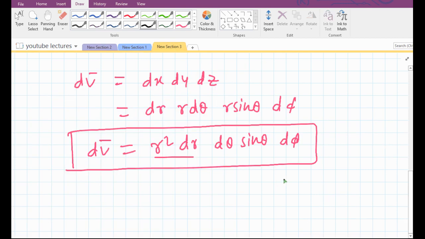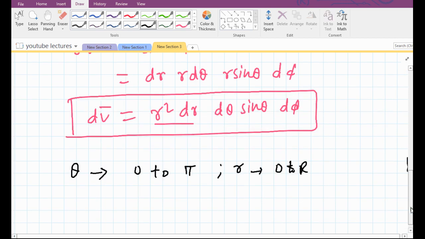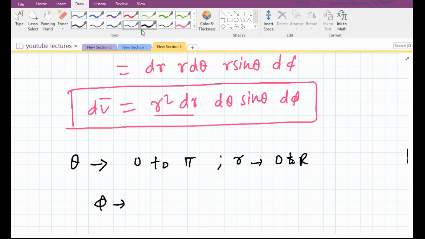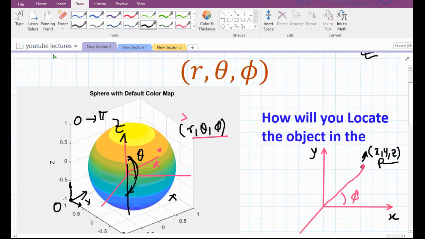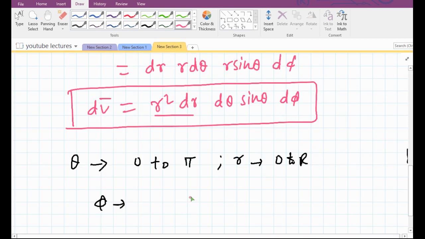So always remember that whenever you work in the spherical coordinate system, the theta limit will be 0 to pi, the r limit will be 0 to r, and the phi angle goes around like this. This is the latitude angle, and it will make a circle. So phi will always go from 0 to 2 pi.